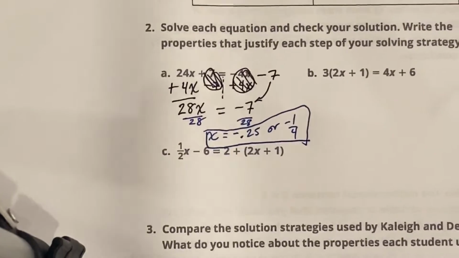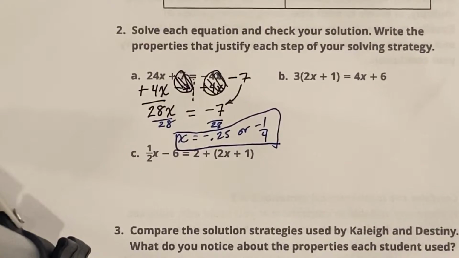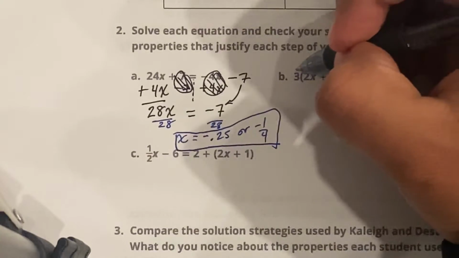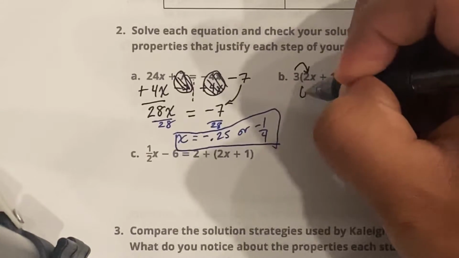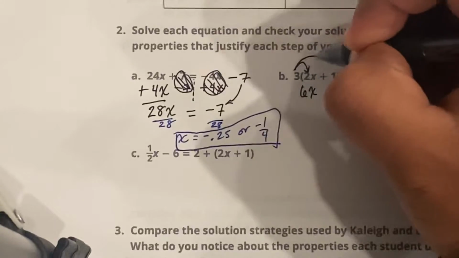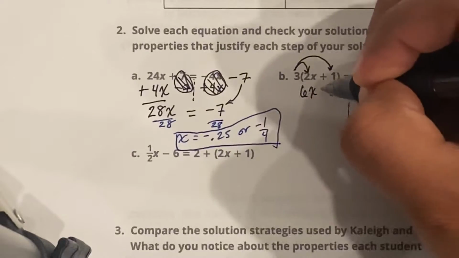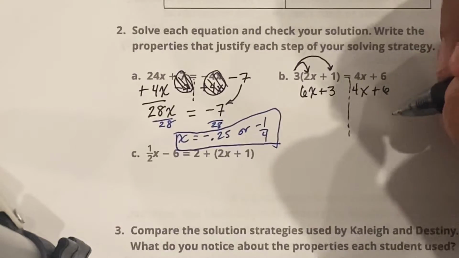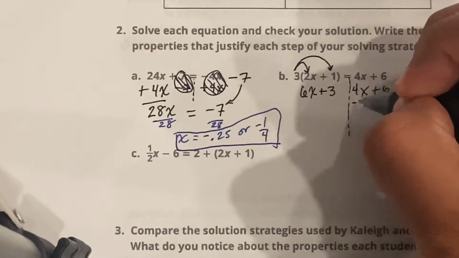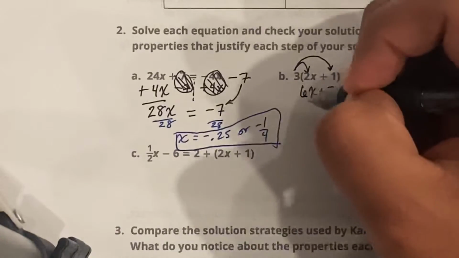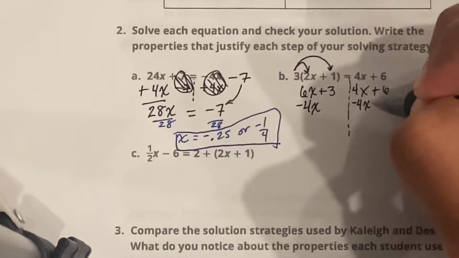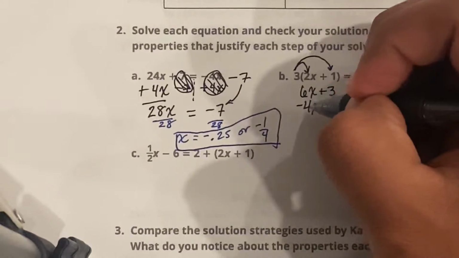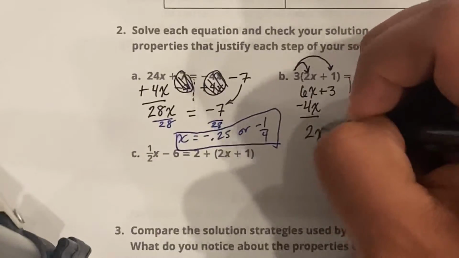Looking at B. Starting with distribution, 3 times 2, 6x, 3 times 1, +3, bring it down to 4x, bring it down to 6, moving people around, subtracting this 4 from both sides. 4 minus 4 is at 0, which is what we like. 6 minus 4 is 2x.